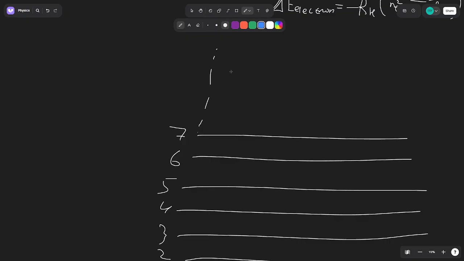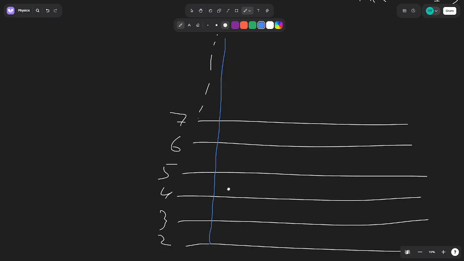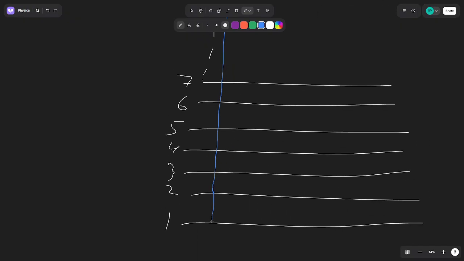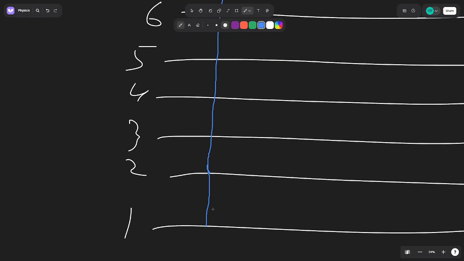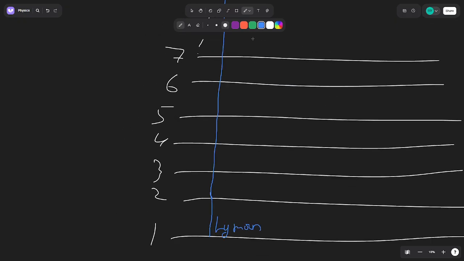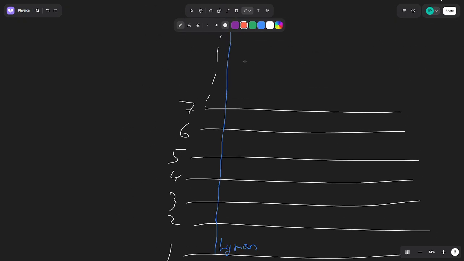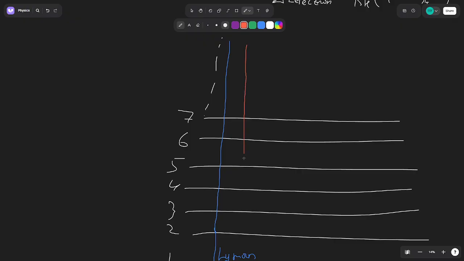So, there is a kind of particles that work on each stage, called Lyman. And there are also particles that pass almost through everything.